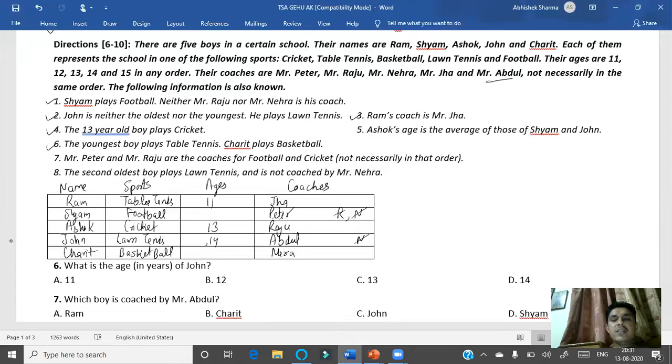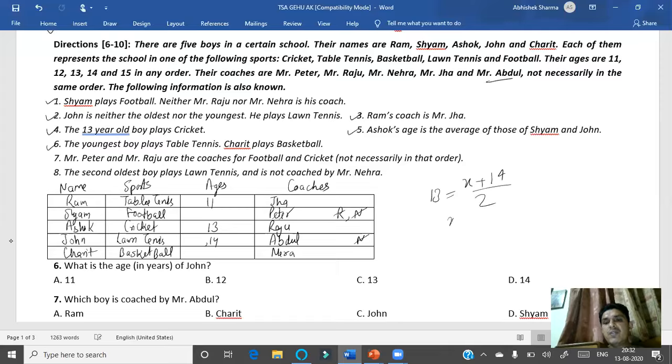Thereafter, we are left with the fifth statement, that Ashok's age is the average of those of Sham and John. So Ashok's age, that is 13, is equal to Sham's age, which we don't know, let us suppose X, plus John's age 14, divided by 2.